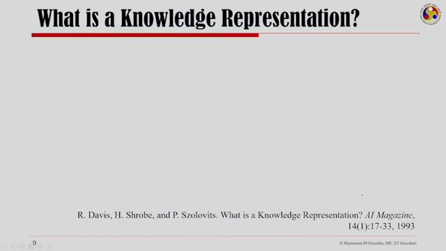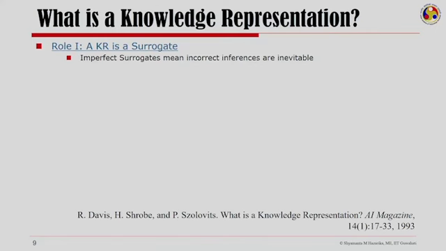Now what is knowledge representation then? To answer this question, the best reference that we can think of is the paper by Davis, Shrobe and Szolovits, "What is Knowledge Representation?" According to them, a knowledge representation has the role of a surrogate.